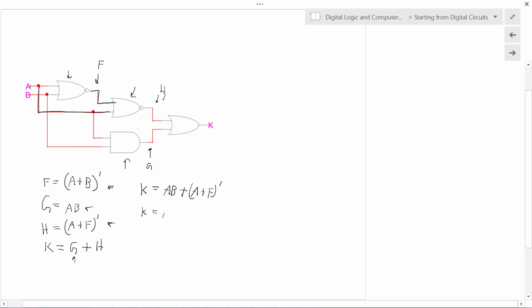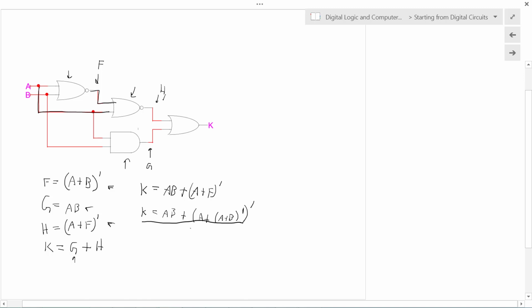K equals A ANDed with B, or A NORed with B, and then we have the prime again. And now we have an equation for K in terms of A and B that is unoptimized.